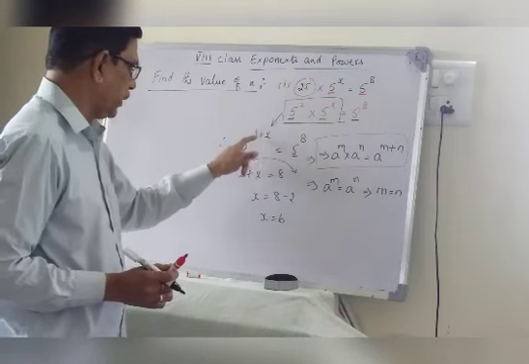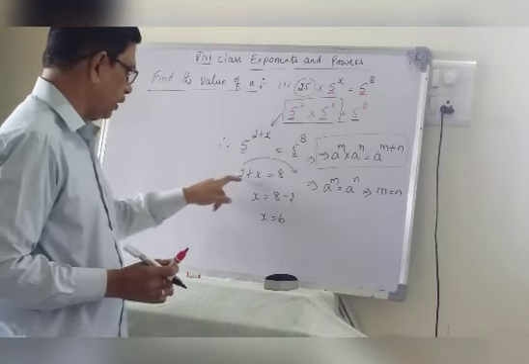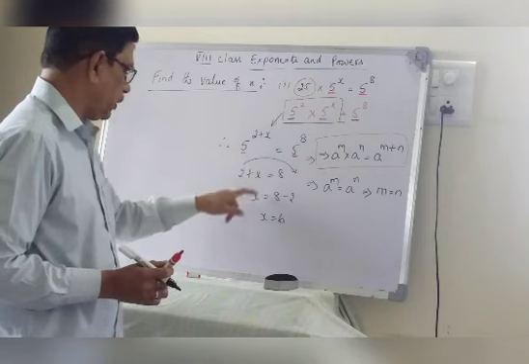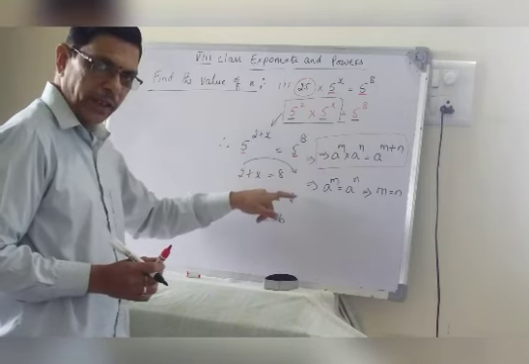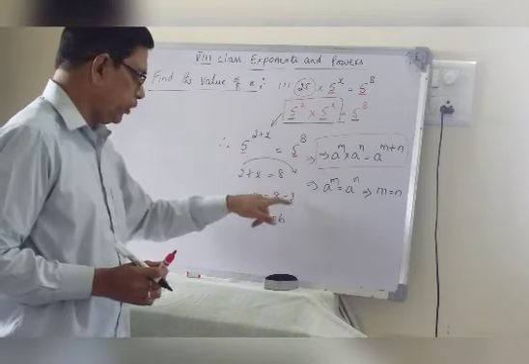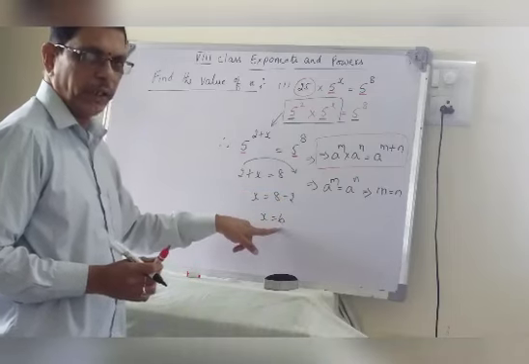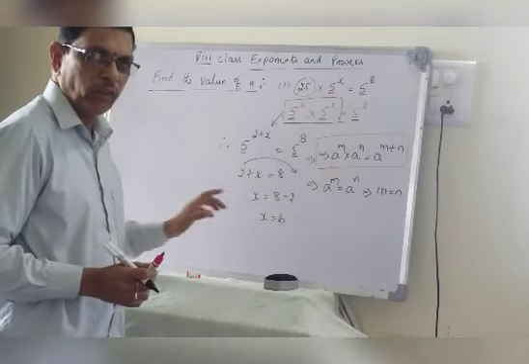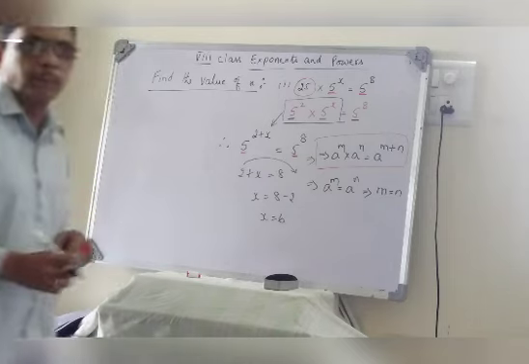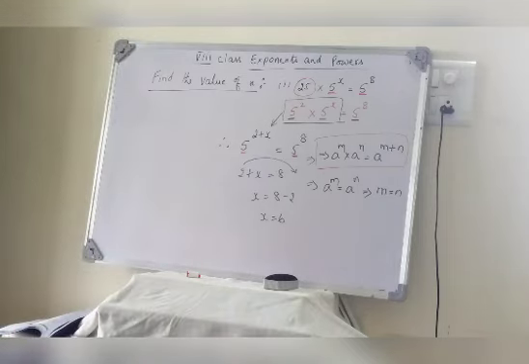When the bases are same, you make the powers equal. 2 plus x is equal to 8, x is equal to 8 minus 2, 2 को इस तरफ ले आए तो प्लस 2 माइनस 2 होता है. 8 में से 2 गए तो 6. Therefore x value is equal to 6. Have a look.